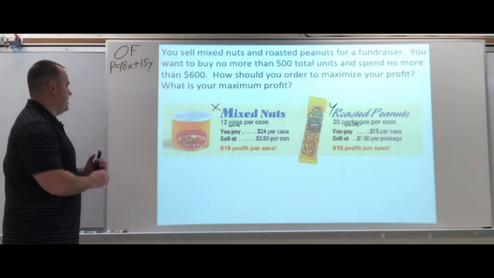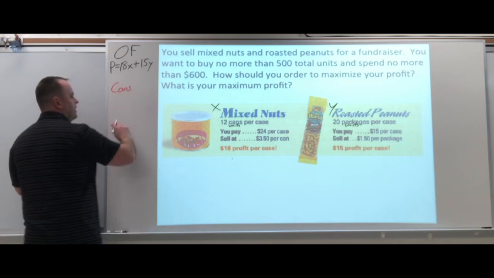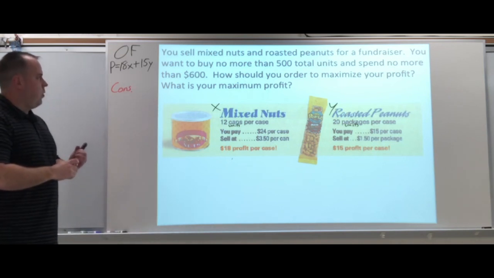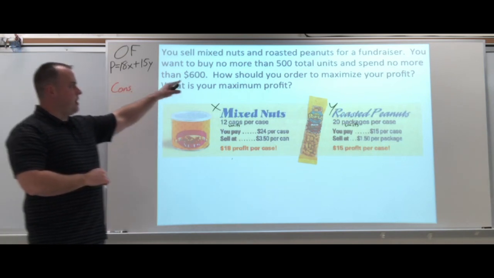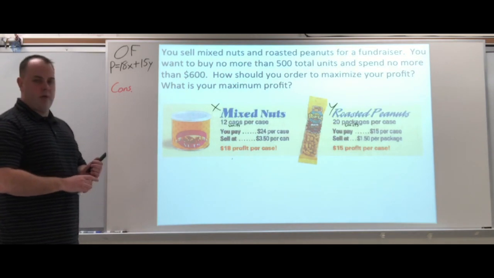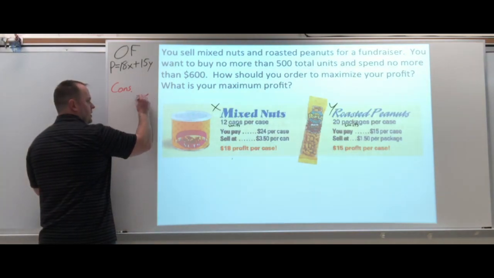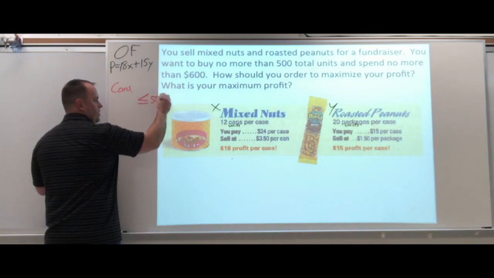Now, for our constraints, we want to know, it says up there, no more than 500 total units. So our total units can't be any greater than 500. So I put this together: less than or equal to 500 units.